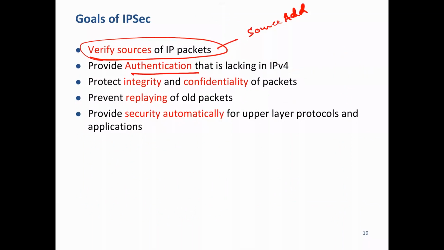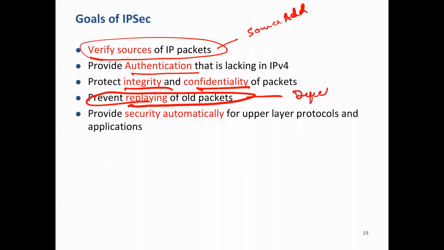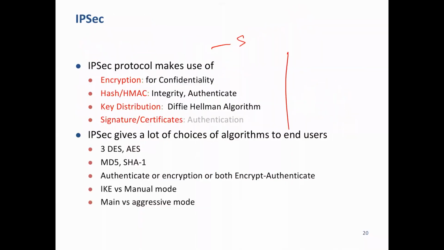Then authentication, integrity and confidentiality, and it should also prevent replaying of old packets. Now this is another major defect in protocols, right? We have not studied this, but please remember it. All right, so these are all we have discussed.